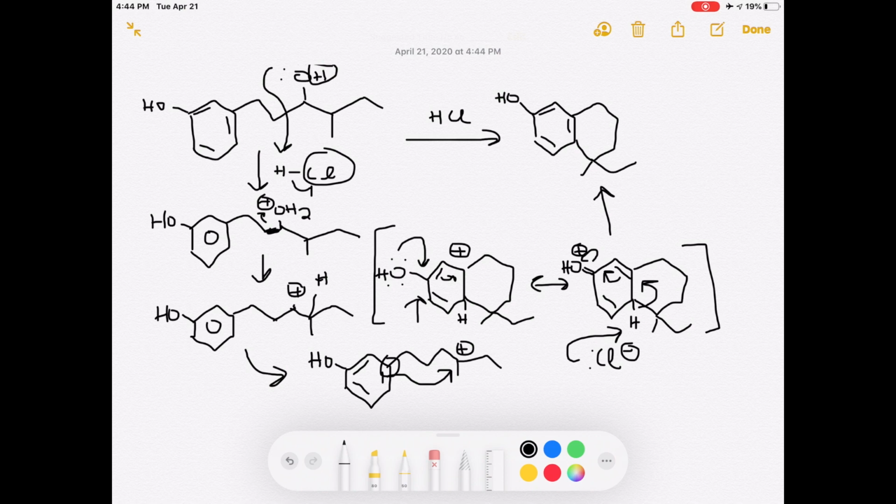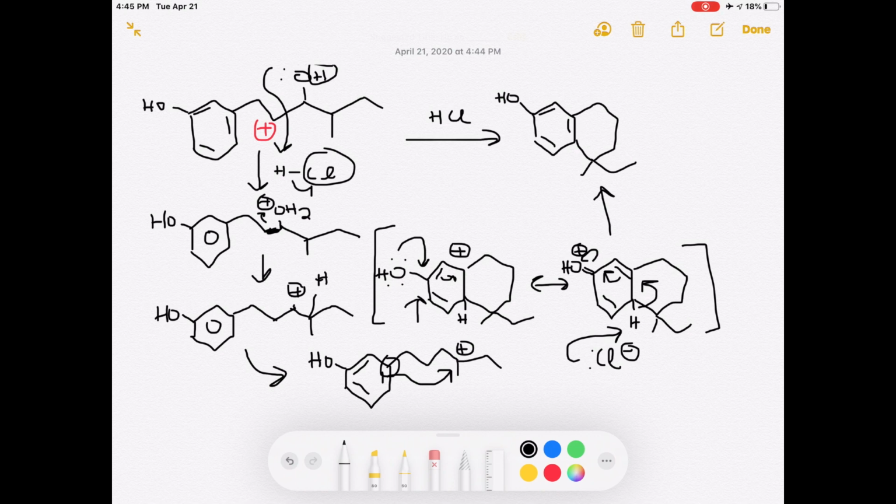The next choice, choice B, has a positive charge on this carbon right here. This would also be inaccurate because if you look at the rearrangement step where I did the hydride shift, it doesn't make much sense in terms of rearrangements to go from one energy position to another if they're both equal in energy.